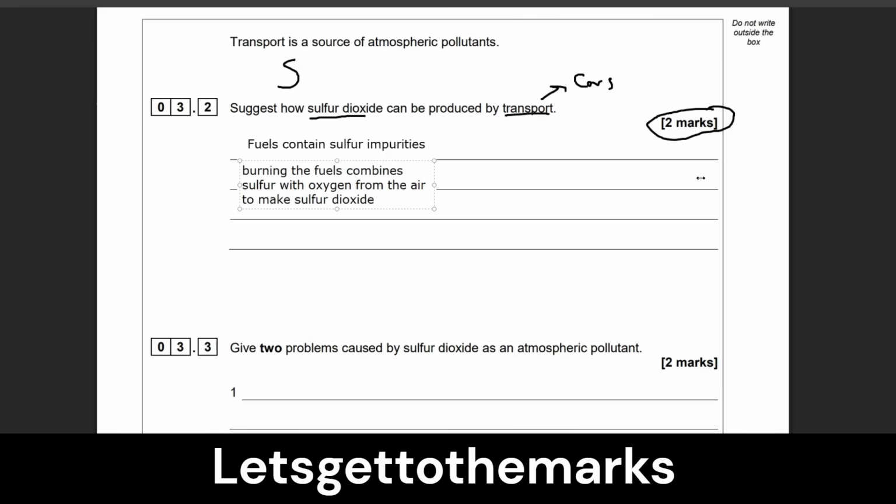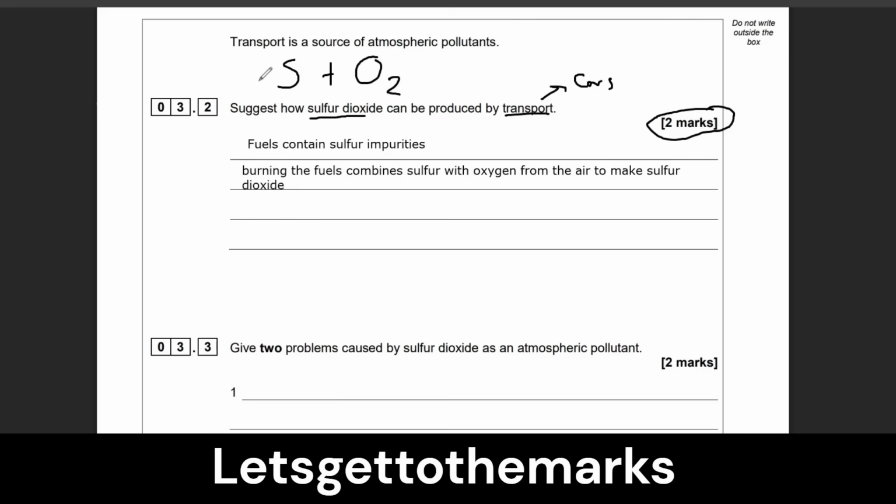So there's oxygen in the air, and sulfur's from the fuel. They join together, and that is your two marks. So we've got sulfur in the fuel, oxygen in the air. When we burn, they form SO2. Those are the two marks. You could just write: fuels have sulfur, oxygen joins with it from the air, and you get two lovely marks.